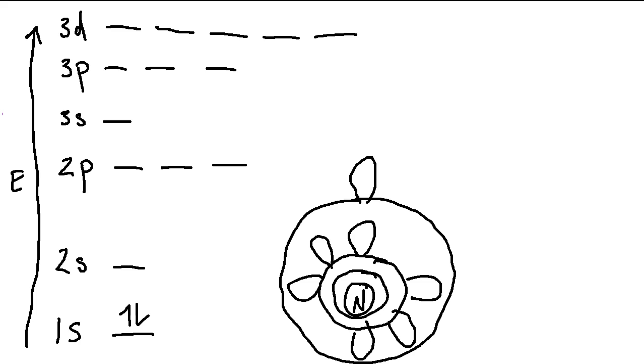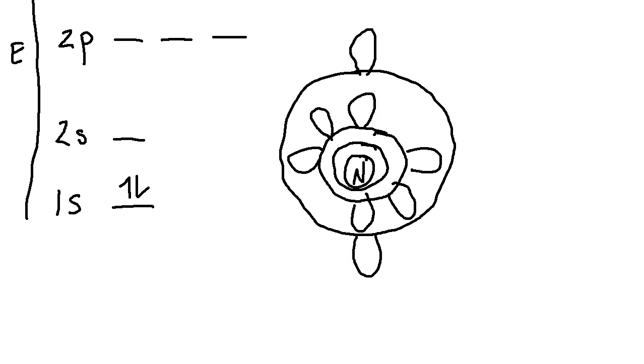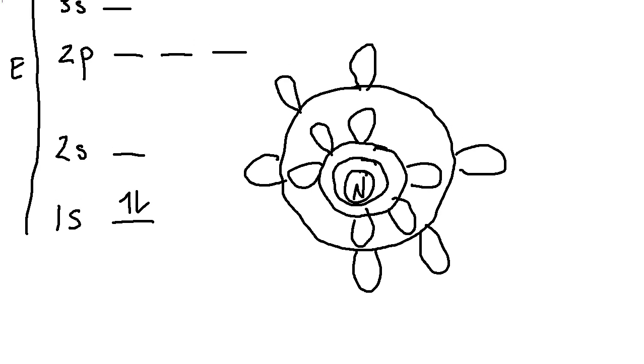So I think you can see where I'm starting to go with this. Let's bring this down here. We're getting further and further out from the nucleus every time we do an S, a P, a D, etc. So the D's are going to be even further out than the P would be. And as you start to do this, you're getting further and further away from this center spot, and this center spot is where the protons are.